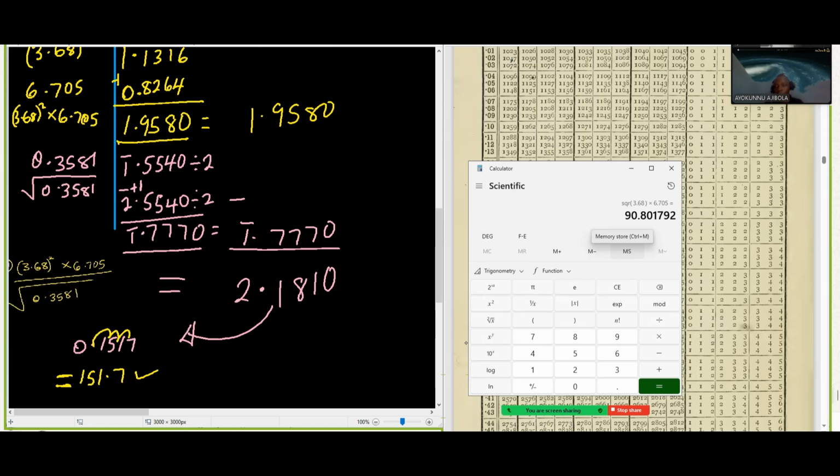Then divided by, I can open a bracket now. Let me just say 90.8. Let's take note of that. Then I have square root of 0.3581. That gives me 0.5984. Okay?